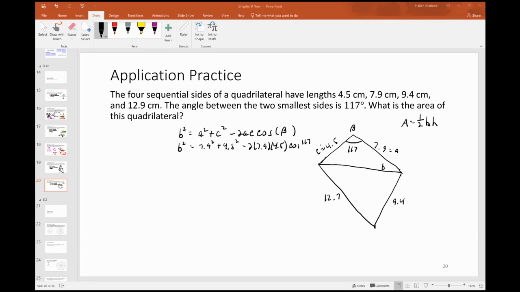All right, 114, but I want to take the square root of that. And we find that B, after all of that, is equal to 10.7.